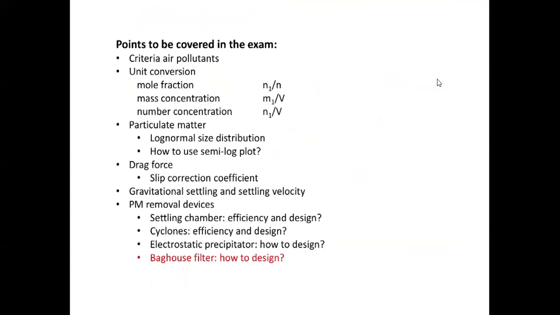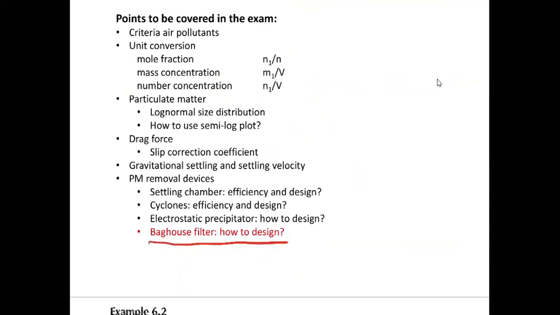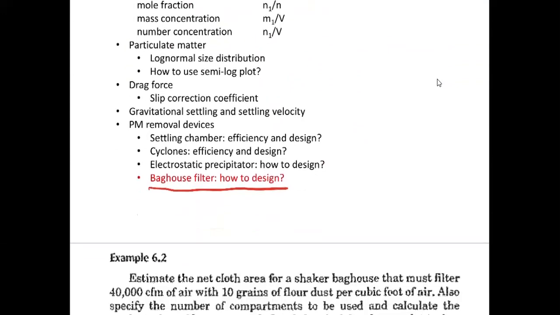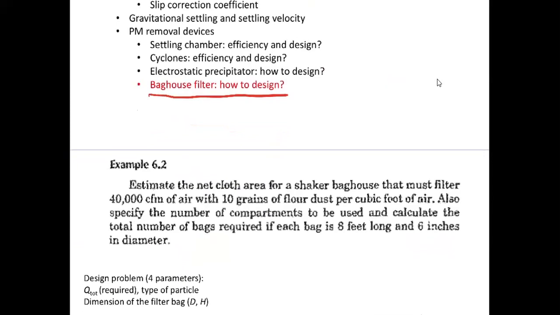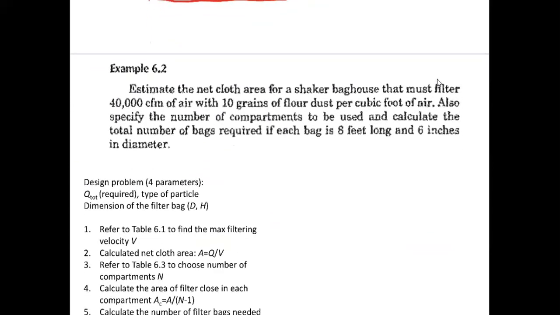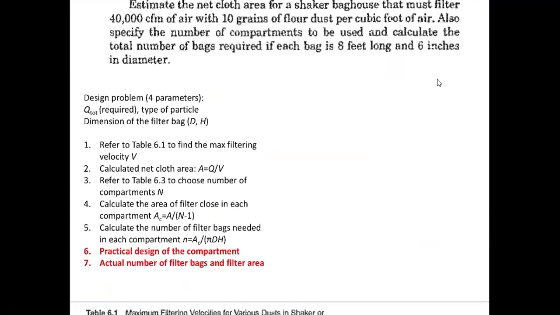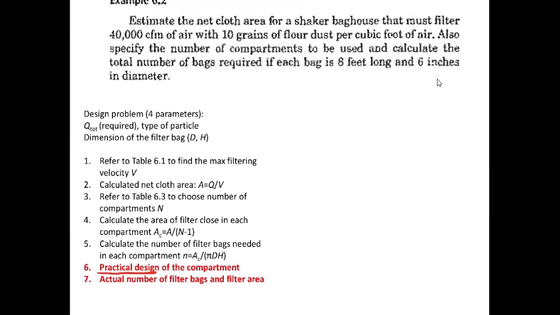And then finally, for the baghouse, I graded some of the homework problems. I think the major issue is finally in the practical design of the compartment. For detailed derivation of these calculations, you can just refer to our previous class.